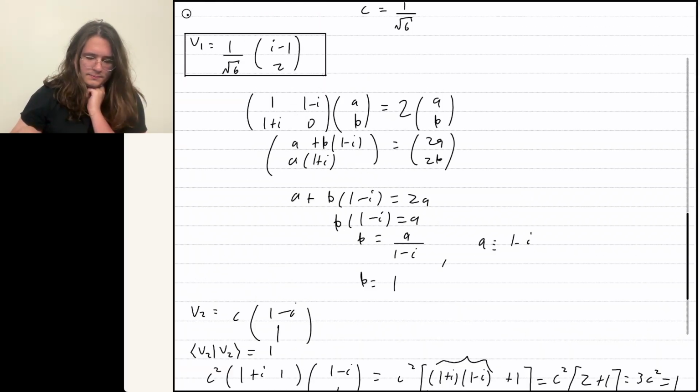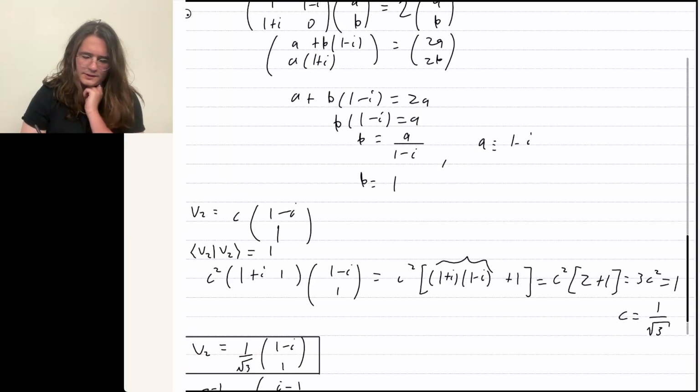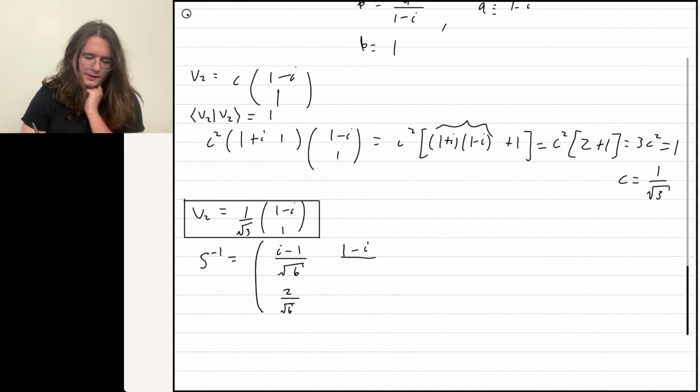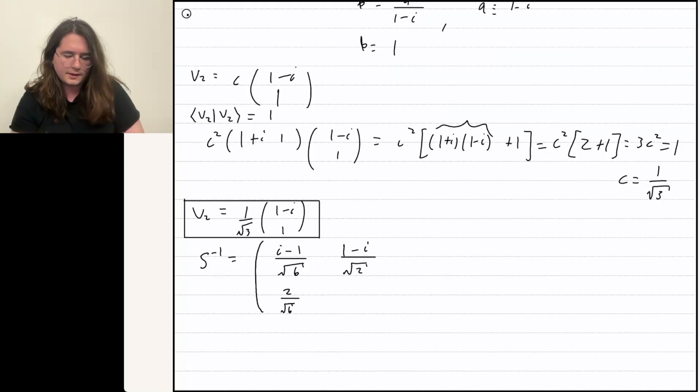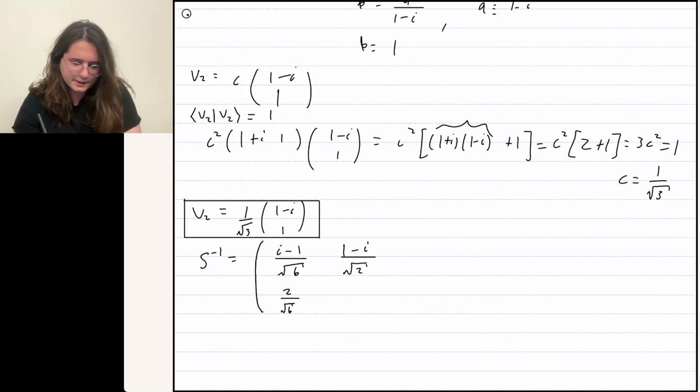Yeah. Okay. Just making sure, because this can be finicky. And then the other column here is going to be eigenvector 2, so it's going to be 1 minus i over root 3 down here. And then it's going to be 1 over root 3 for this last element.